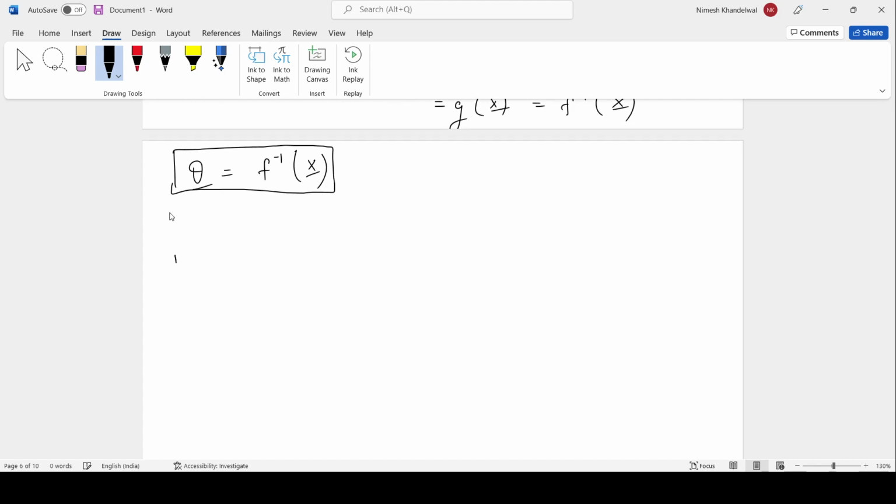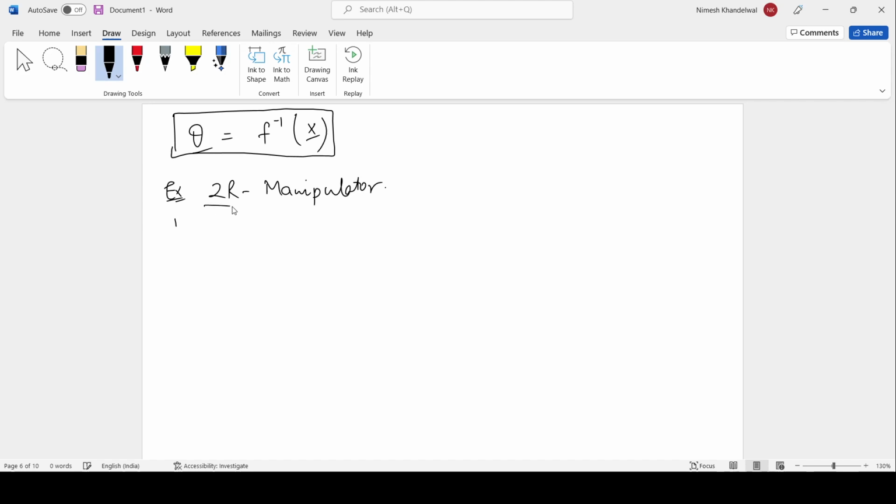Now, again, we will calculate it for a 2R manipulator. We can make the diagram again. We actually have everything that we need to formulate the problem and then solve it.